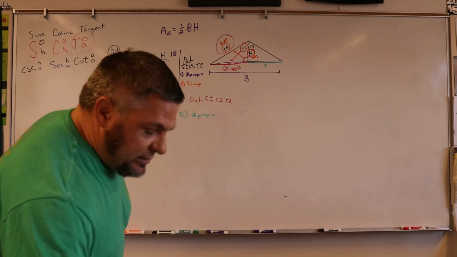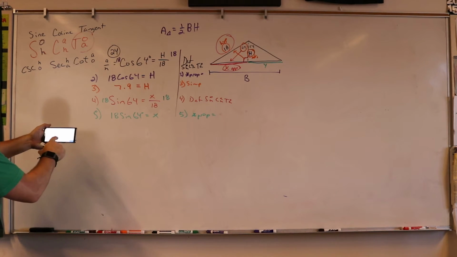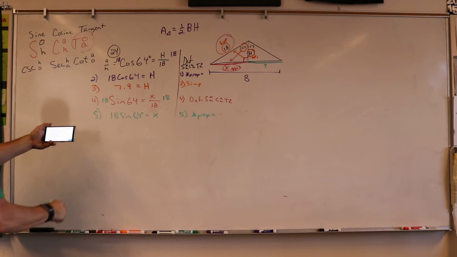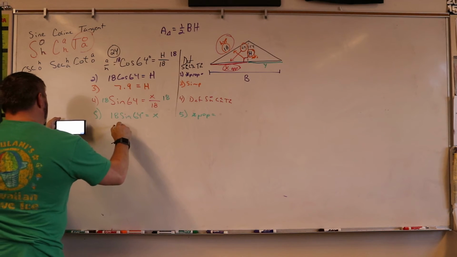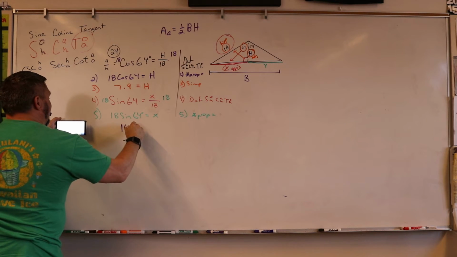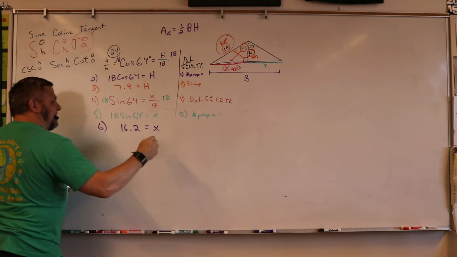Alright, and then we're just going to simplify. Throw it in the calculator. Okay? 18 sine 64 equals 16.17, so we're going to say 16.2, okay, equals x.